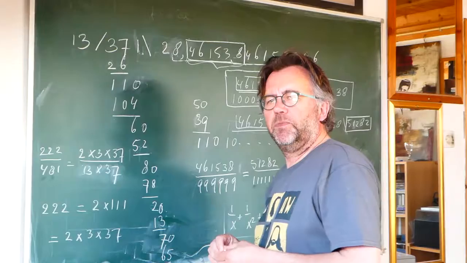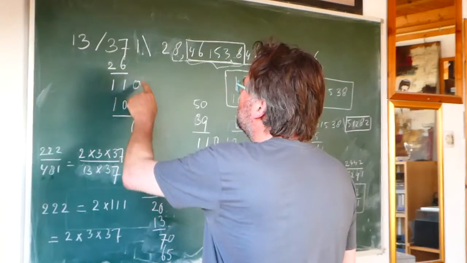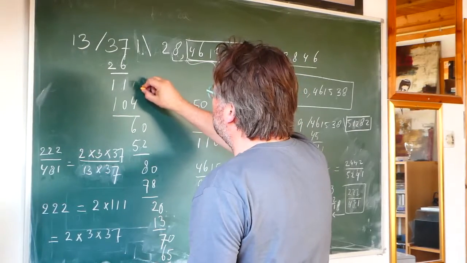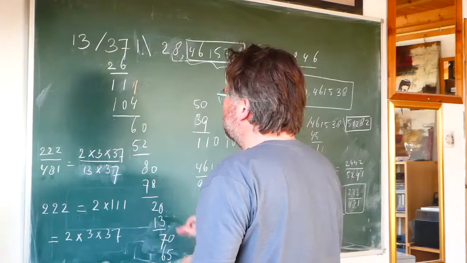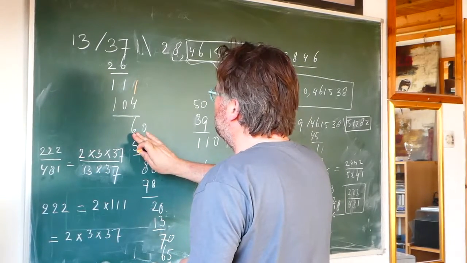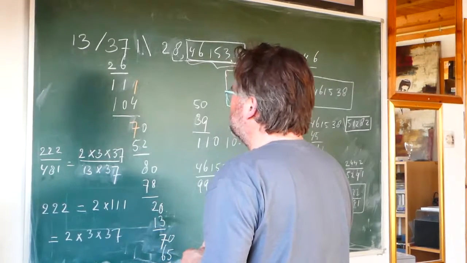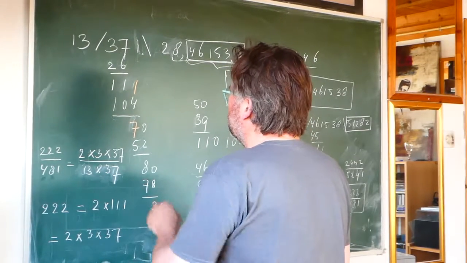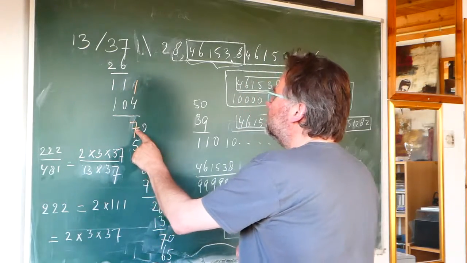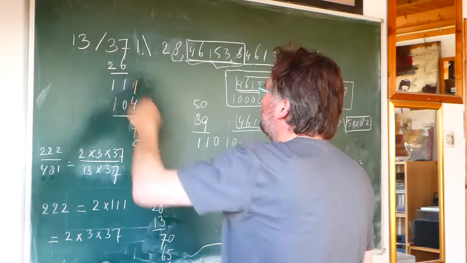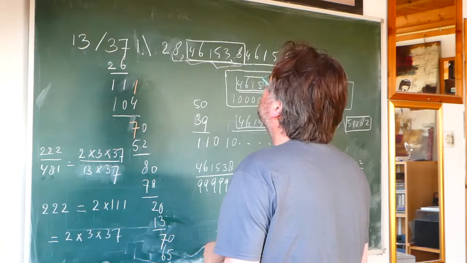Okay, so let's give some feedback. 371, I should have put a 1 here. So that turns this 6 into a 7. And then 70, oh, it becomes a mess. 70 divided by 13.